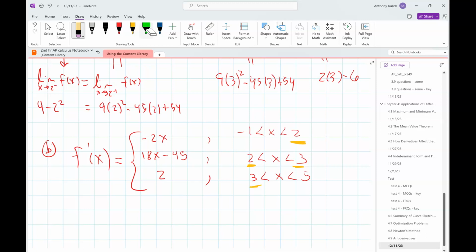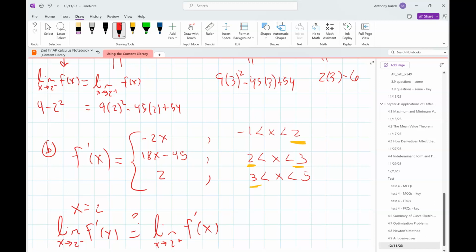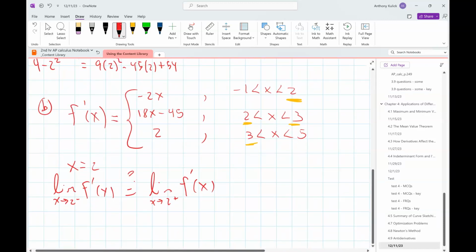So let's check at 2 and 3. At x equals 2, I just need to look at the limit from the left and see if that's equal to the limit from the right. But now instead of using f, we're using f prime. So that is going to just be -4.